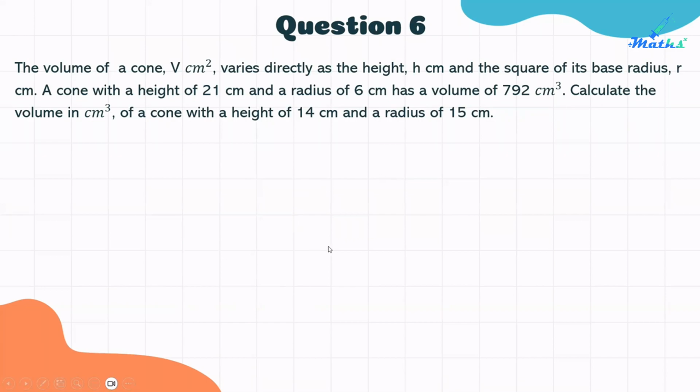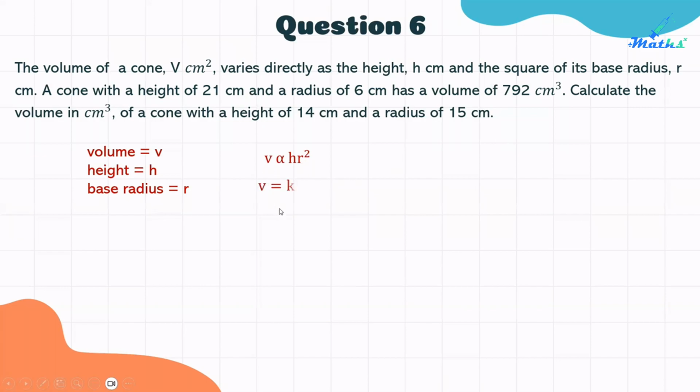So for now, our volume is V, and we have 792 cm cubed. Our height is h, and we have 21 cm, and the base radius is r, and we have 6 cm. So let's find the value k first. So V varies directly as height and the square of r.